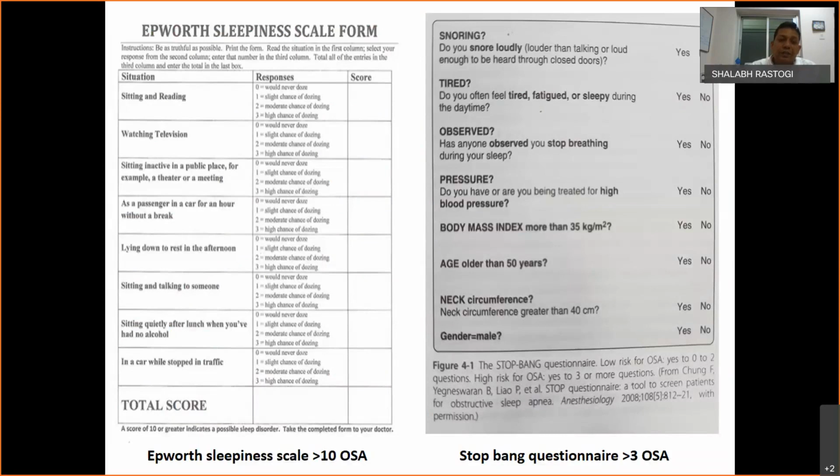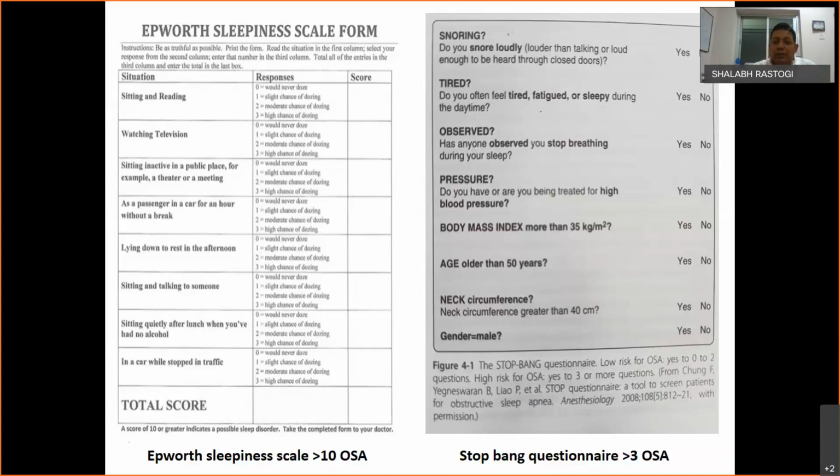In the Epworth Sleepiness Scale, there are 8 conditions in which a patient is asked to rate from 0 to 3 the chances of having a nap during activities like sitting and reading, watching television, lying down to rest in the afternoon, sitting and talking to someone, etc. The maximum score is 24, but if the score is greater than 10, then the patient has excessive daytime sleepiness.